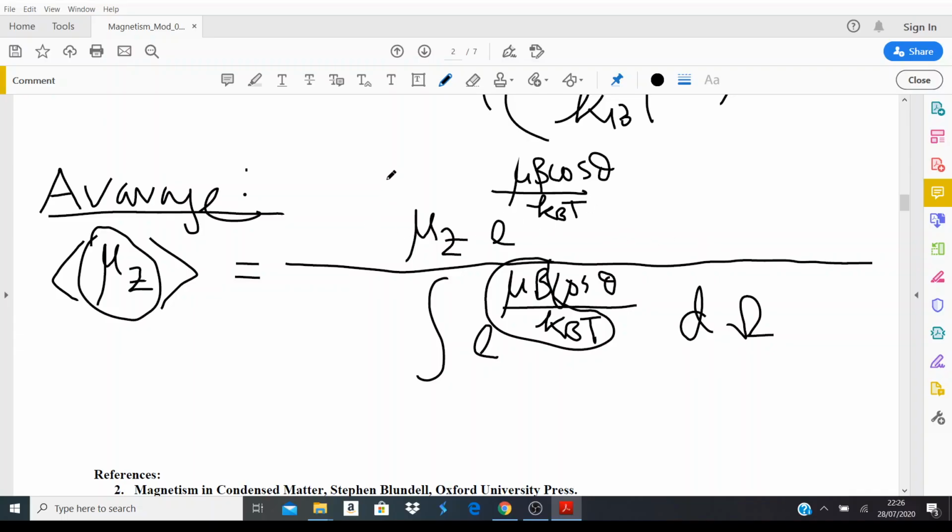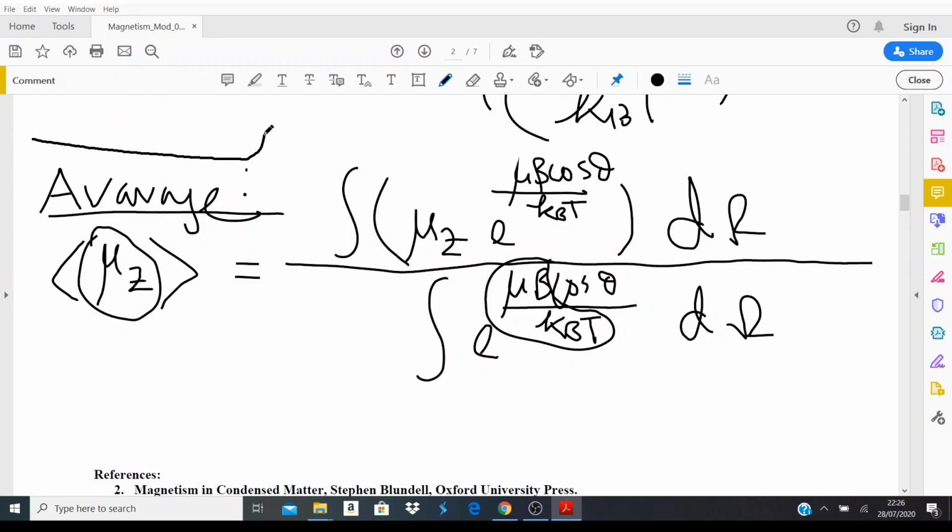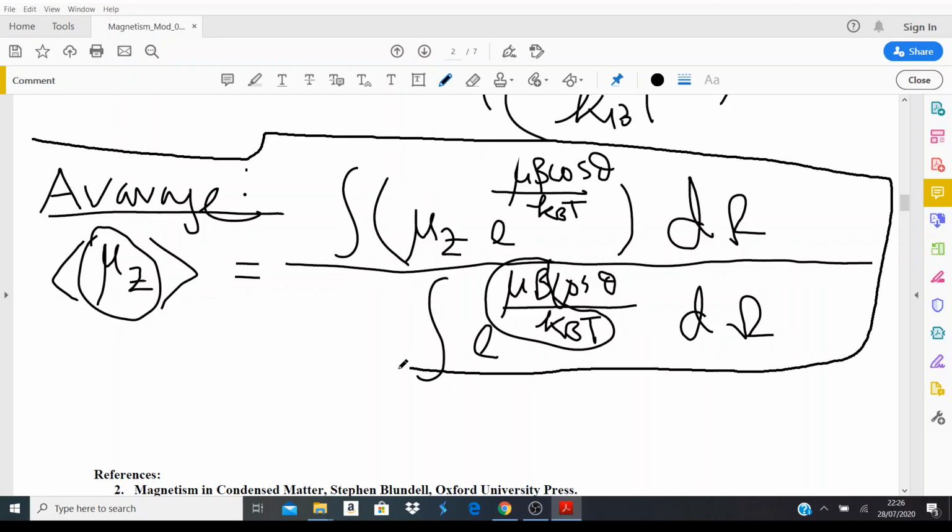And then you integrate this product. The concept is again the same: you have to integrate over the angle, and the angle we use in this problem is the solid angle. So that's how you evaluate it.